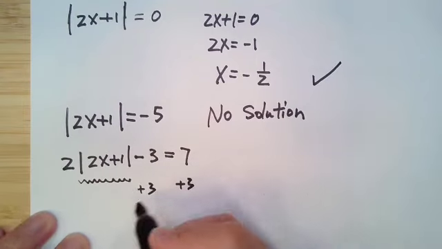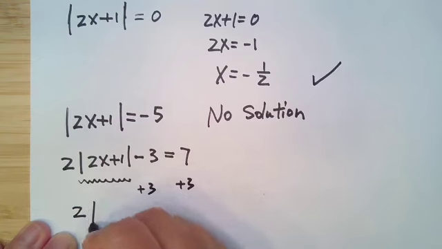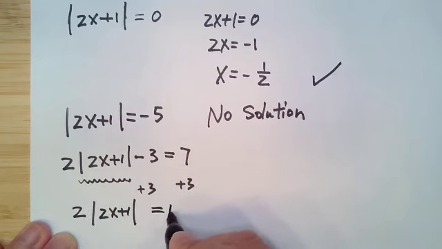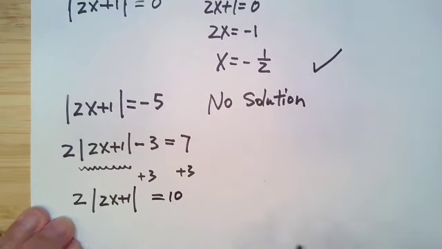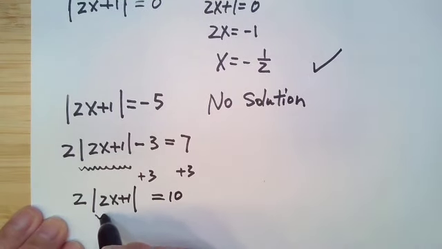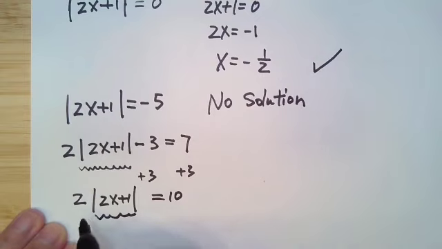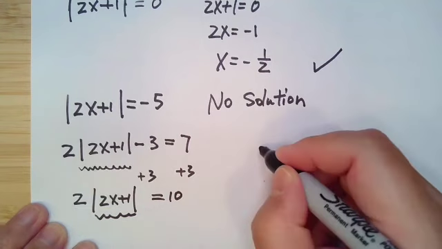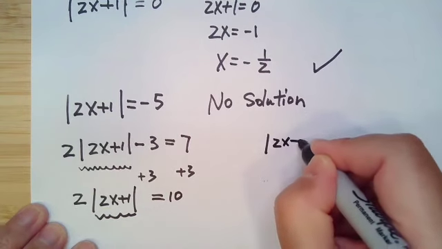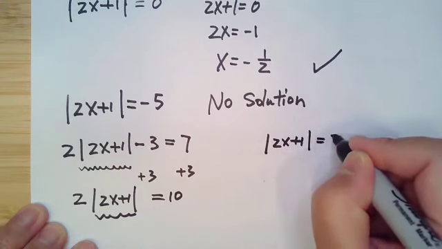We have 2 times the absolute value of 2x plus 1 equals 10. Okay, so we have 2 of something. I like to call this something, it's just one whole piece. So we divide by 2 on both sides, so we can get rid of that. Therefore, we have the absolute value of 2x plus 1 equals 5.